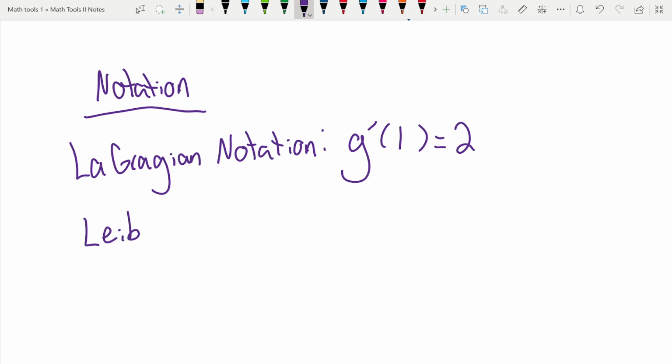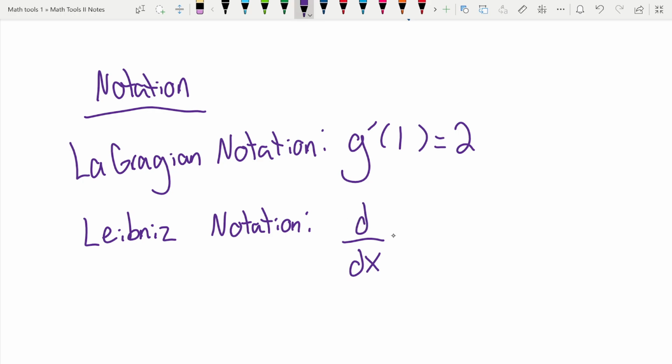The Leibniz notation is usually kind of preferred because it gives us more of a physical sense of what's happening. So here we would say dy divided by dx. Now, how you write this is really dependent on what you call your function.